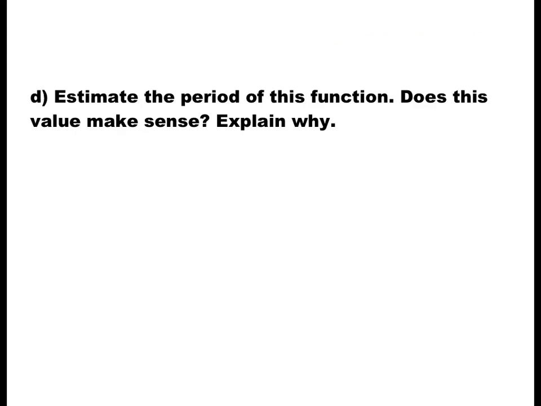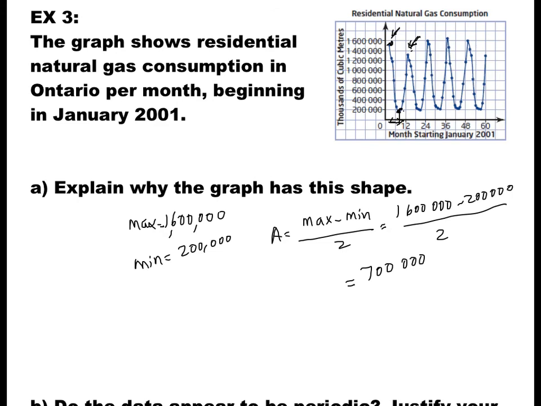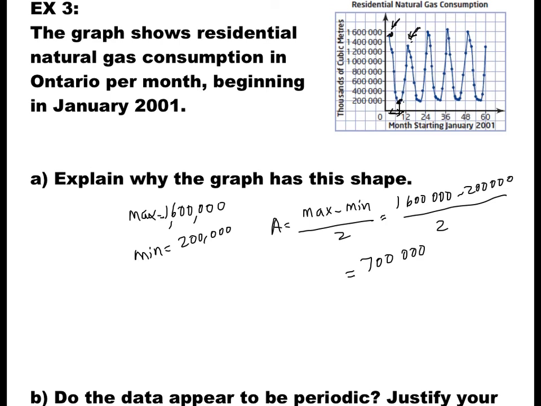The next part of the example says, estimate the period of this function, and does this value make sense? And we have to explain. Now, if we look at our graph, we can see that one period of the function starts at this point, which is the maximum, and ends at this point, which is another maximum.